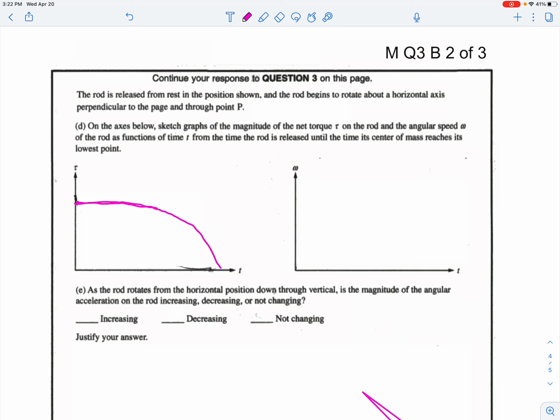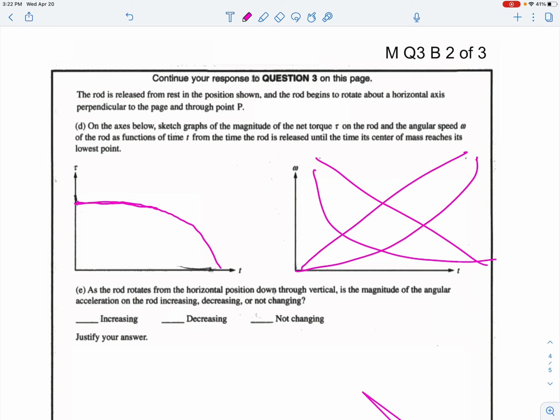What's happening with the angular speed, the same concept. Can't be linear once again, so those are gone. The angular speed isn't going to drop off, it's going to increase. Why?